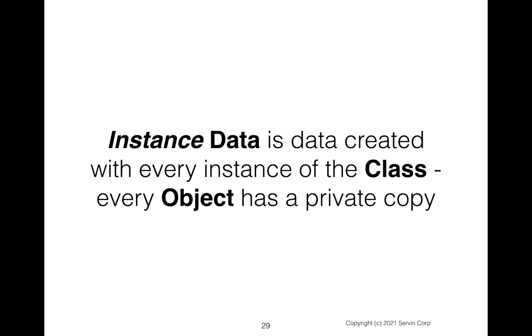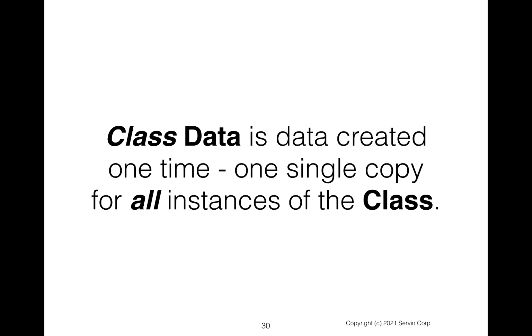Now, instance data is the data created with every instance of the class. Every object has a private copy of instance data. Class data, on the other hand, is data created one time, one single copy, for all instances of the class.